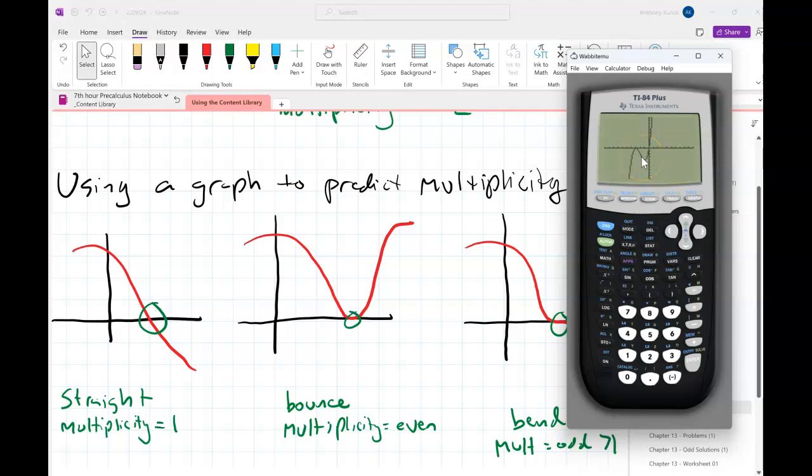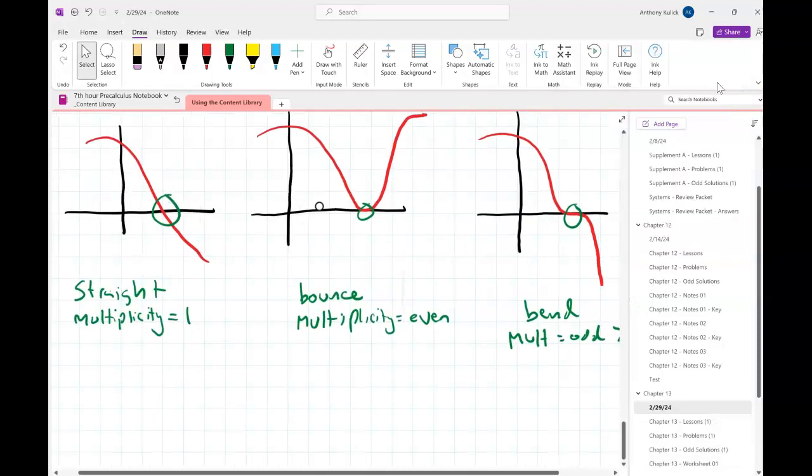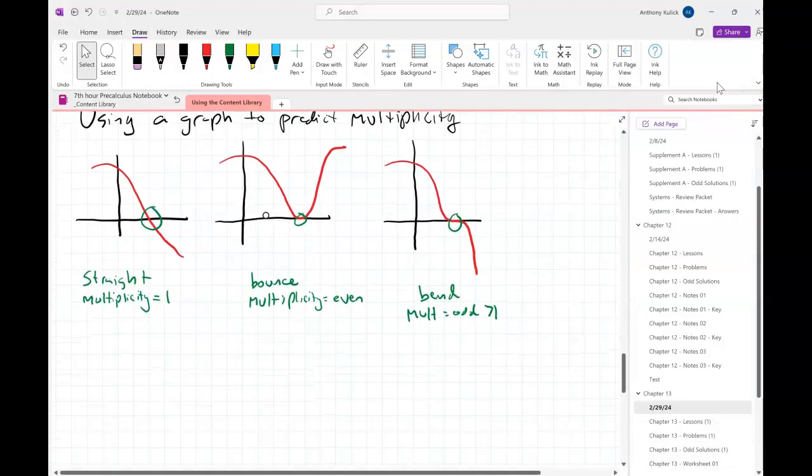Seeing a bounce, because that solution was used twice. And at x equals 0, I'm seeing a straight, because that solution occurred just once. Do you guys see that? So eventually, when these problems get to have lots and lots of zeros, looking at this in advance is going to be really helpful for us to know how many times I should be searching for this solution.